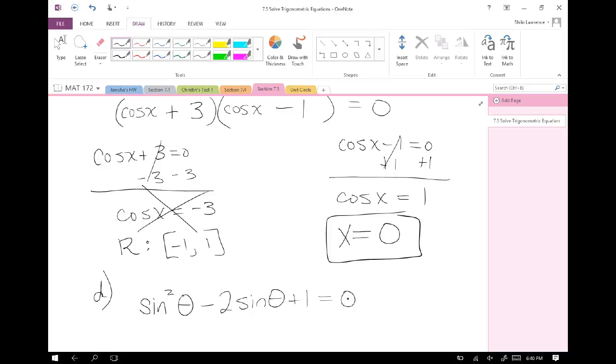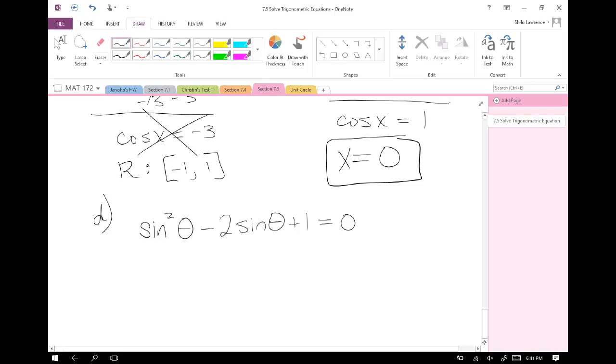Sine squared theta minus 2 sine theta plus 1 equals 0. So it's a trinomial. We are going to have to factor this. We can't combine those sine terms because they're not like terms. Somehow we need to separate them. And the way that we separate them is with factoring. So the sine squared in the front is going to be separated into sine and sine.